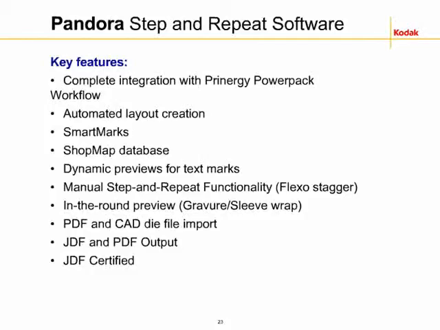You can do all these things using either a manual step and repeat, where you step it across, you cancel stop it, or you can have a predetermined size based on the dies, and you can have a CAD file feed in the Pandora system. It will then marry the graphics to the CAD and give you an exact step and repeat based on the manufacturing. Well, I call these all manual because the system still requires a user intervention, and so the user is still having to direct Pandora and control the step and repeat.